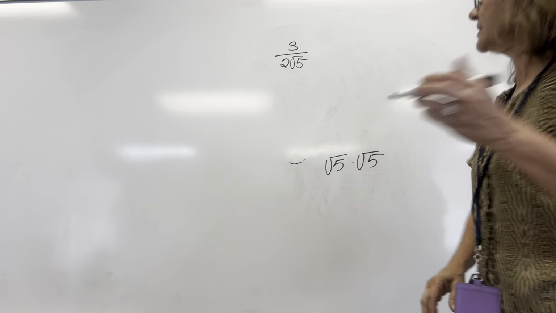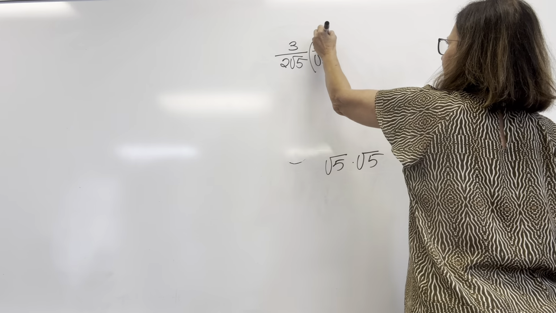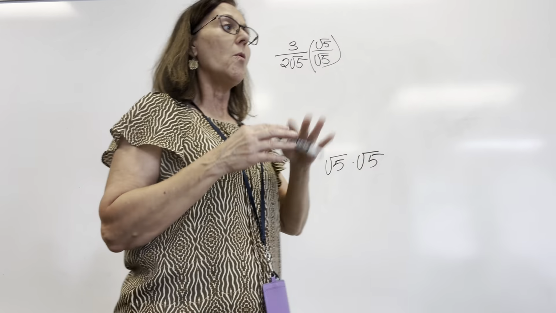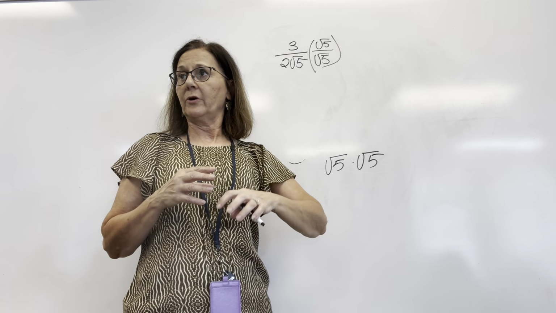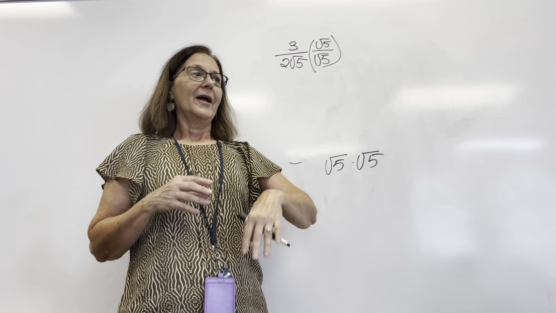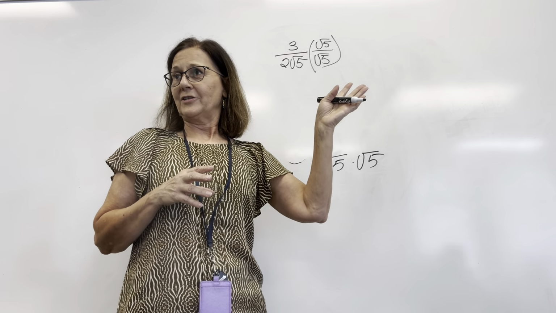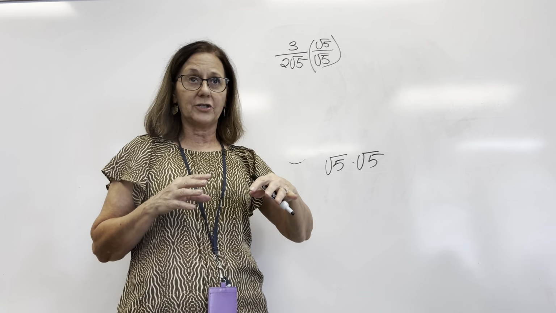But because it's an expression, we have to multiply by what is equal to 1. So in algebra, we always make the denominator a rational number. In calculus, it's the reverse. You make the numerator rational. But in algebra, we make the denominator rational.